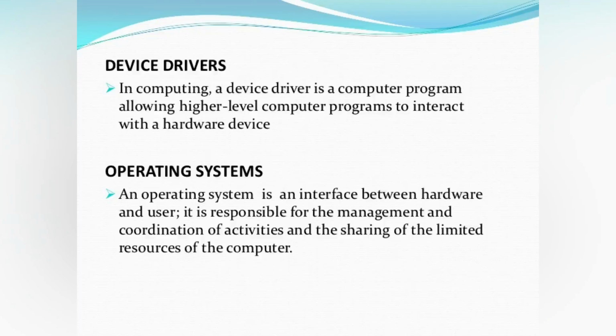In computing, a device driver is a computer program that allows higher level computer programs to interact with a hardware device. Hardware devices that need a driver to connect to a system include display, sound card, printers, mic, and hard disks.